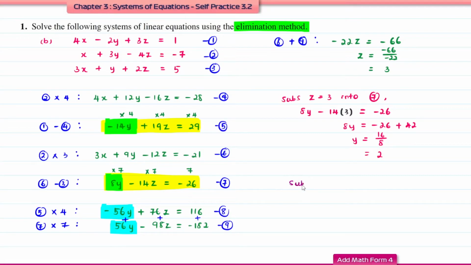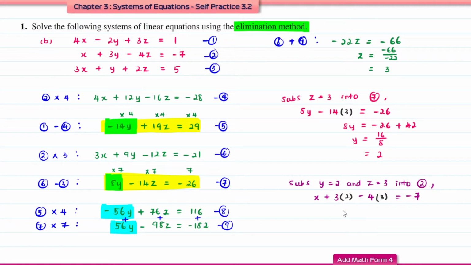So next, I'm going to substitute y equal to 2 and z equal to 3 into either equations 1, 2, or 3 to find the value of x. In this case, I'm just going to choose equation number 2. So x plus 3y, where I substitute y with 2, minus 4z, where z is replaced by 3, equal to negative 7.